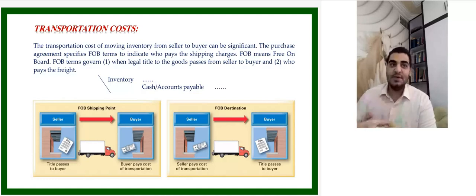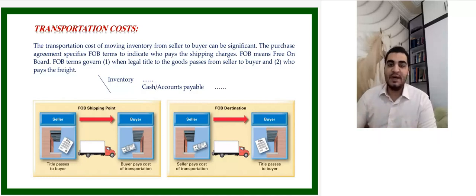FOB means free on board. When the shipment boards the transportation vehicle, it could be a car, a ship, or maybe an airplane, it doesn't matter. It means that this piece of land is free. No country, no business owes it.